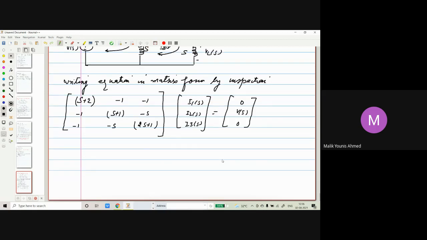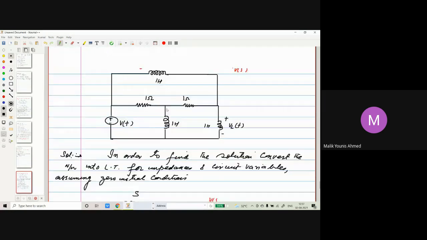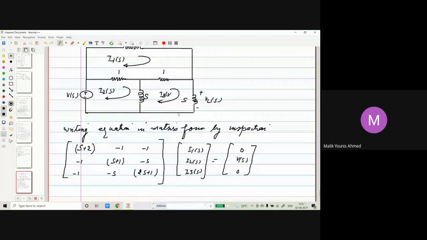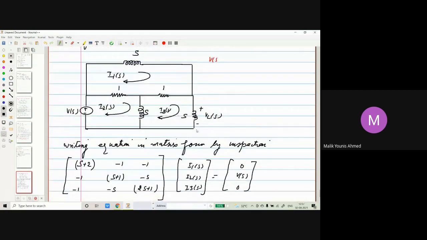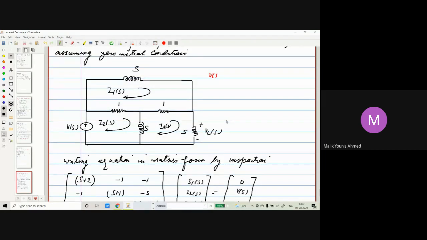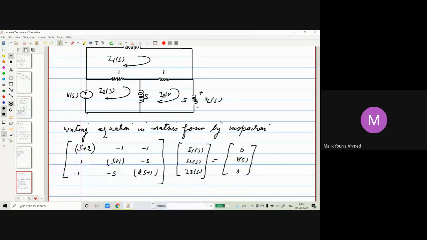Okay, now what is the objective here? We have to find VL of S by V of S. So from delta and delta 3, we are going to get I3 as delta 3 by delta.